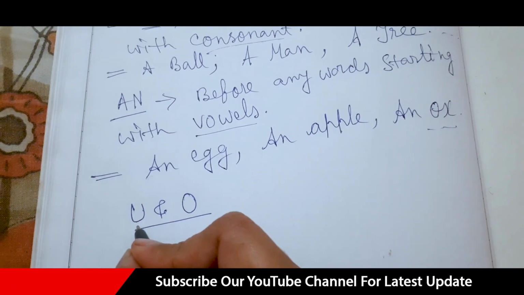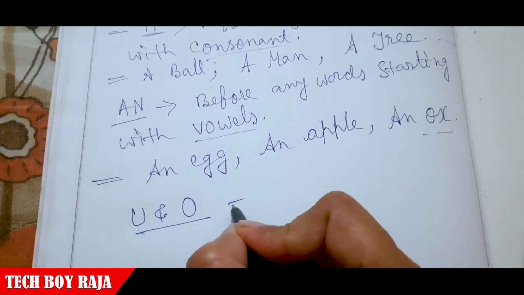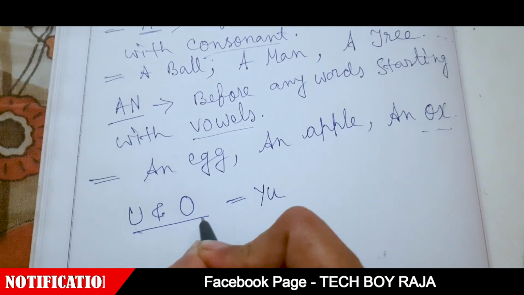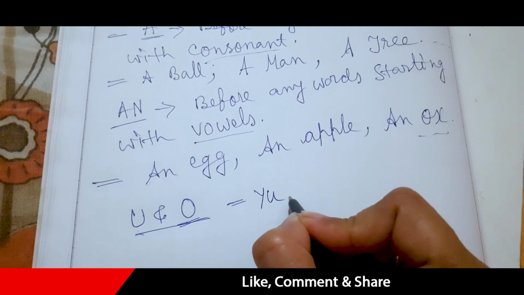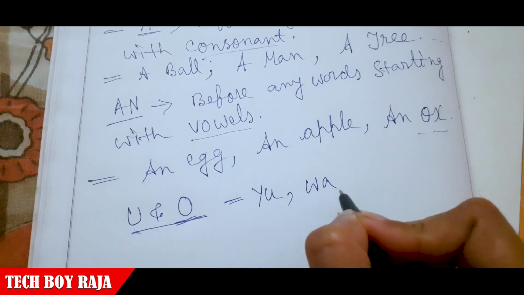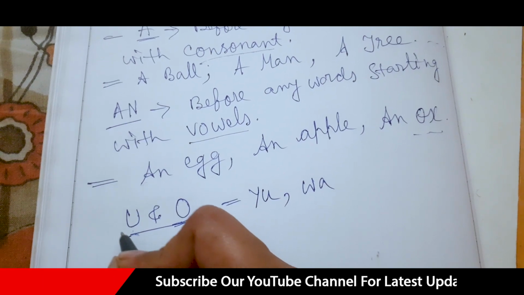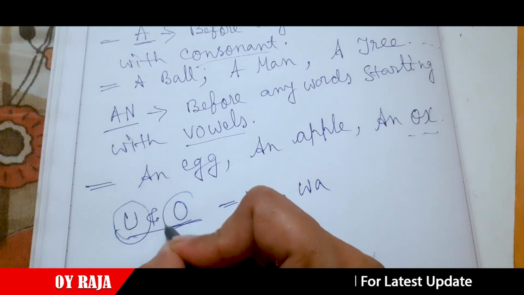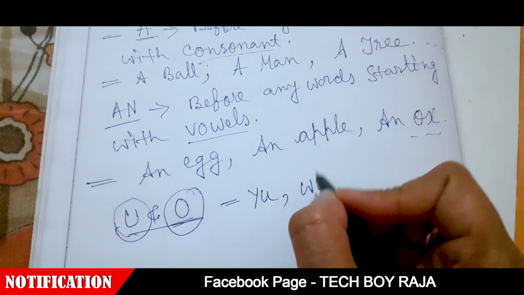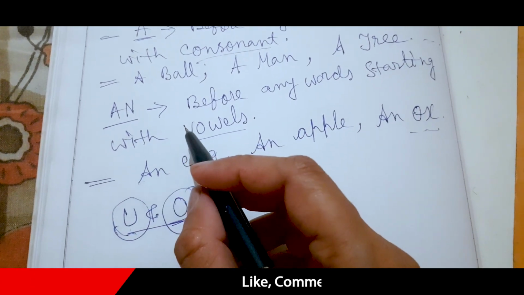Now if the pronunciation of U is yu, and O is wa, at that time instead of starting with these vowels, an article an is not used.